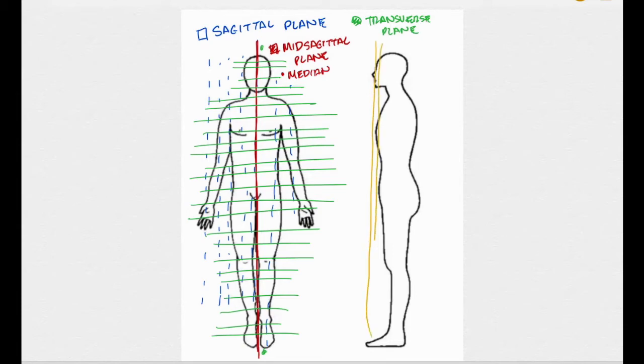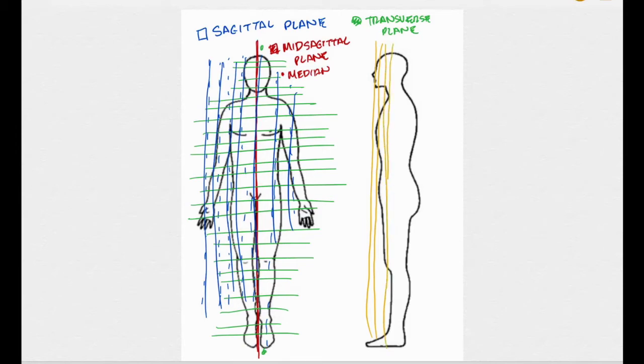This is different from a sagittal plane because remember, sagittal planes cut down the long axis from front to back, like so. Coronal or frontal planes cut from left to right. I hope it makes sense what I mean by left to right.